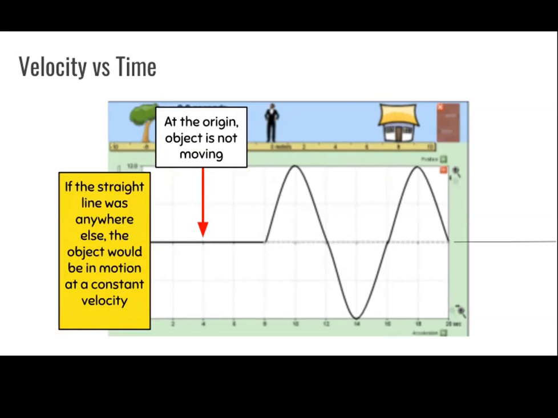Again, I regret putting it on the 0 or on the origin because technically it means it's not moving. But that straight line for a velocity versus time graph means it has constant velocity, okay?